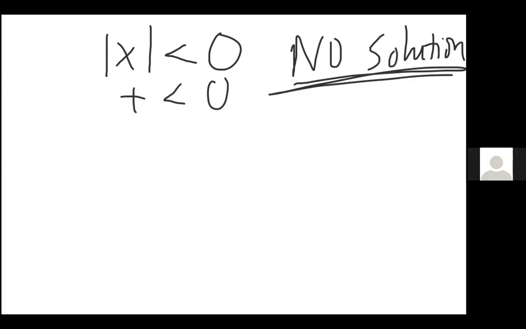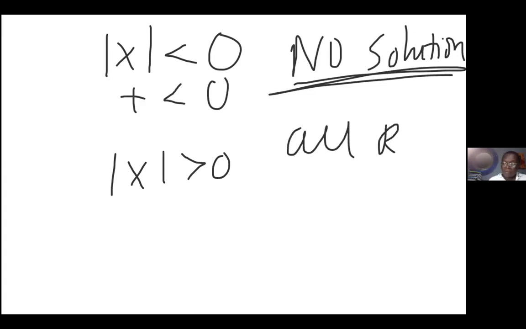Oh, okay. No solution. What if it was the absolute value of x is greater than 0, guys? Wouldn't that be all real numbers? Yes, but what about 0? Is 0 greater than 0?